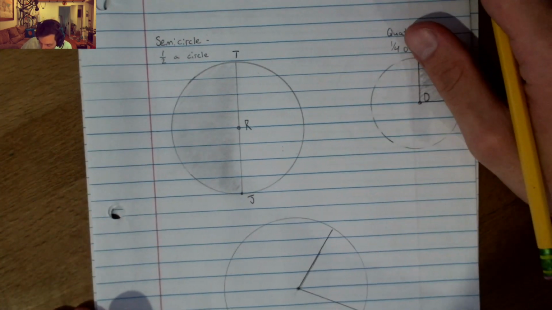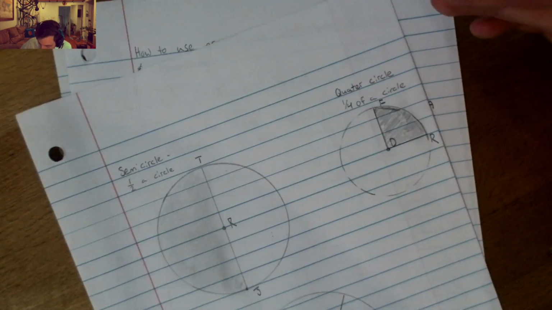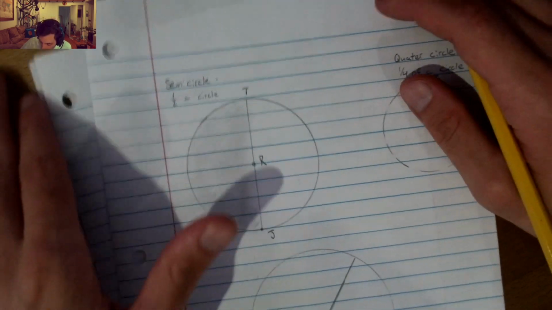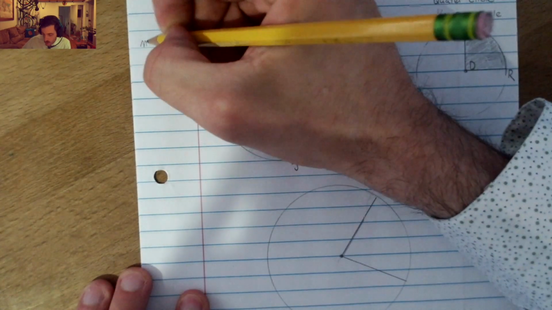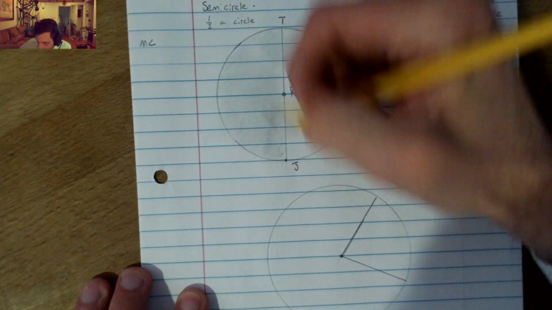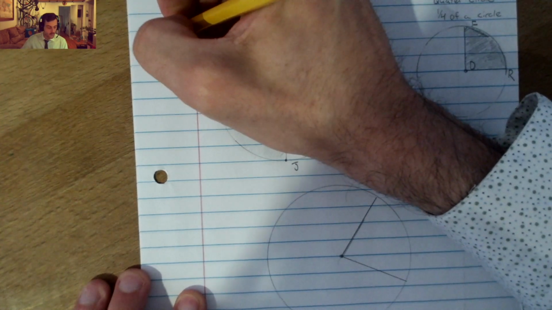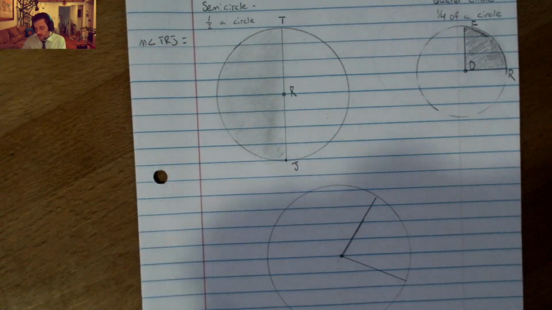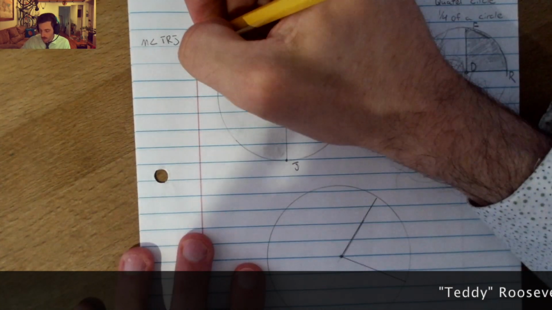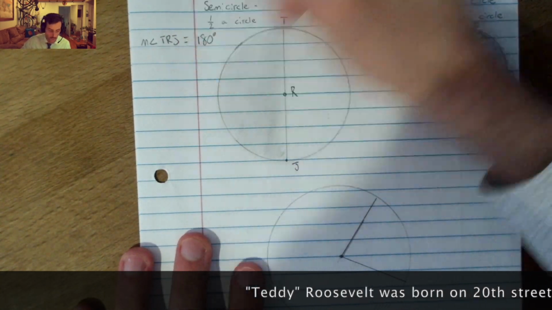If we're going to apply measurements to our semicircle, we can say that the measure of angle TRJ, which in this particular example is for President Teddy Roosevelt Jr., is 180 degrees.